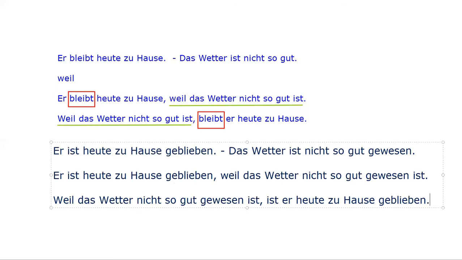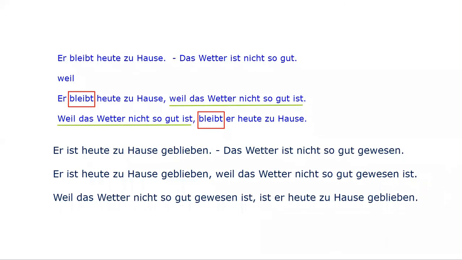I'm always going on about the little comma, but I find it makes life so much easier if you get used to using it, because then you don't think it looks really odd having the two ists there. Because weil das Wetter nicht so gut gewesen ist, comma, ist heute zu Hause geblieben. So we've got the ist here, this ist here.